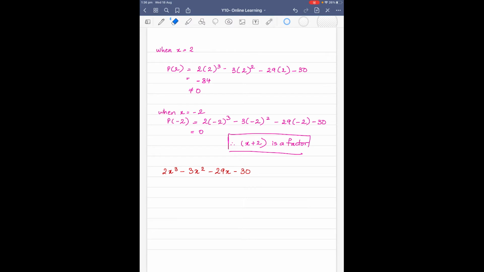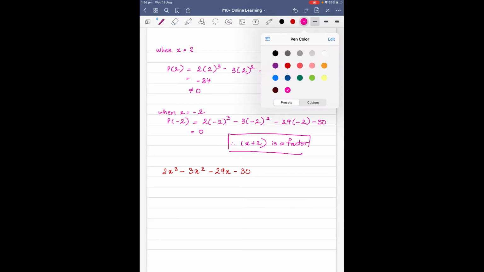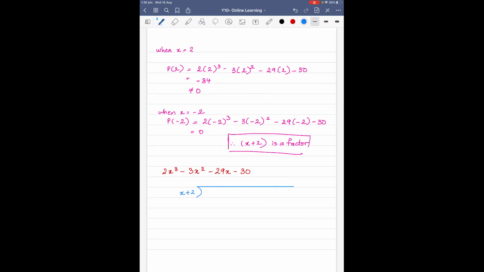To find the other factors, you would do some long division. So we're going to do x plus 2 divided into 2x cubed minus 3x squared minus 29x minus 30. Remember, rule number 1, always check that the powers are there and they are in descending order.